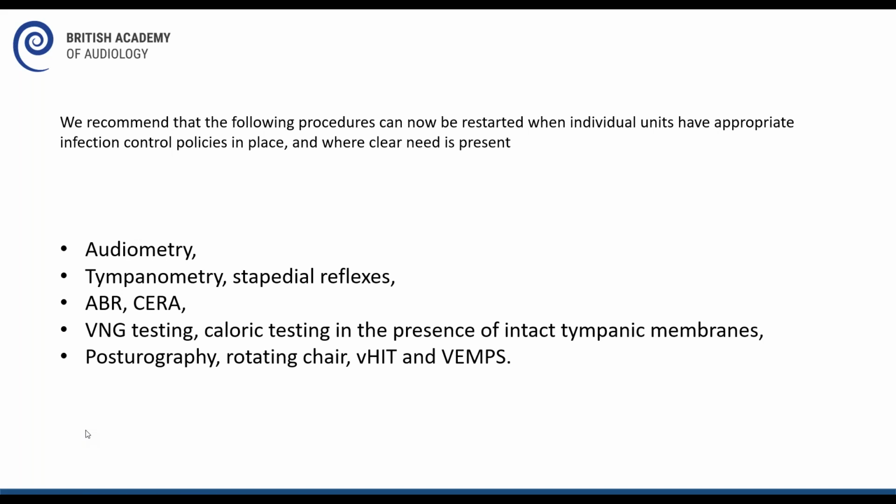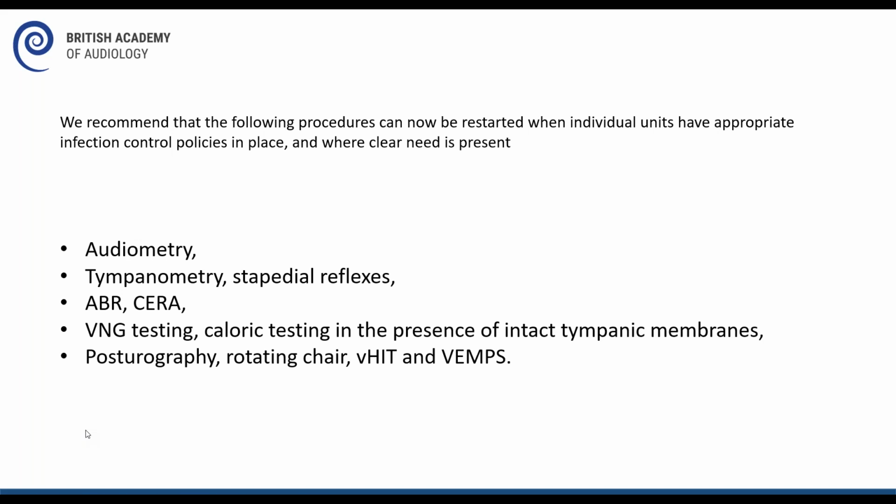So the first one, the very general guidance, says that they're recommending that procedures can now be restarted when individual units have everything in place and have the capacity to do it. But they're saying it's where clear need is present. So they're still recommending that their members start the triage system so that they look to continue to do remote triage and remote appointments and remote care if they possibly can.